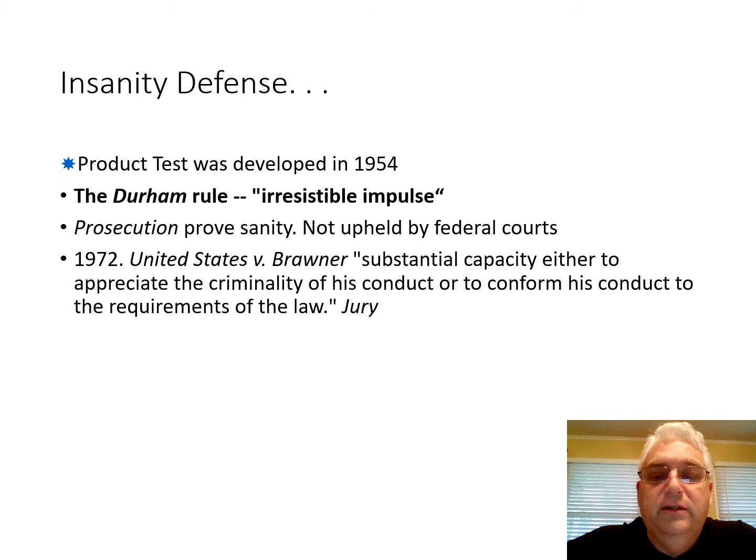That was essentially the standard that had to be met. And who decided whether or not the court met the standard under Bronner? The jury decided, not the judge, not the prosecutor, not the defense attorney, but the jury had to make a decision as to whether or not substantial capacity was present to appreciate the criminality of the conduct. Okay?